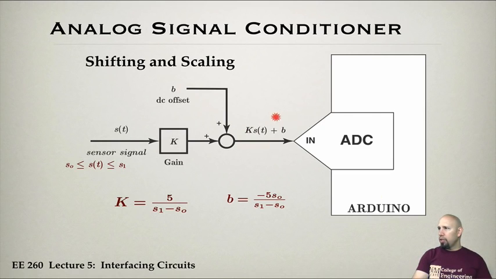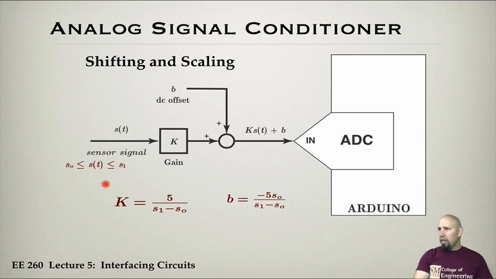what we would do is we would use a transformation that looks like this. This is like a slope intercept. The intercept is what's called a DC offset. That's the amount you need to shift upward.